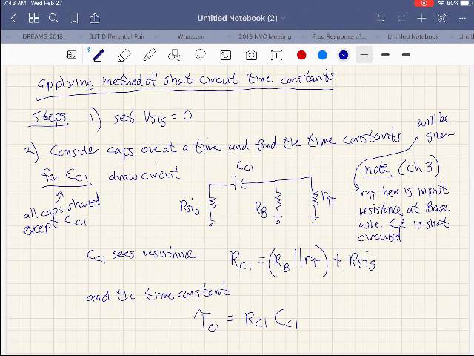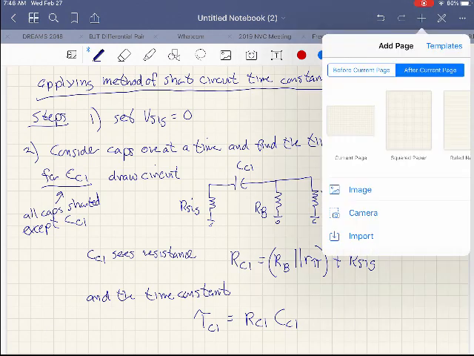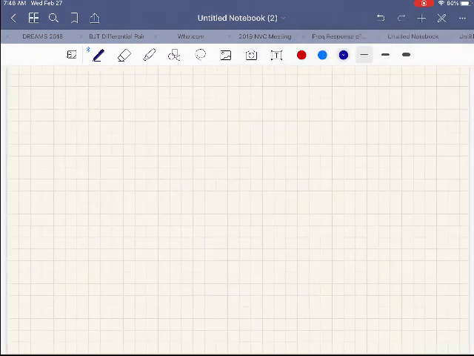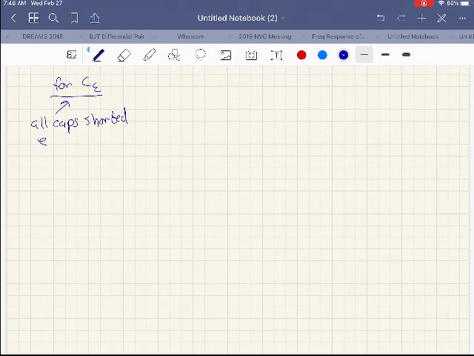So let's make a new page here. For CE, the emitter bypass capacitor on this voltage divider biased bipolar junction common emitter circuit, we can say for C little e, again all caps shorted, except CE.